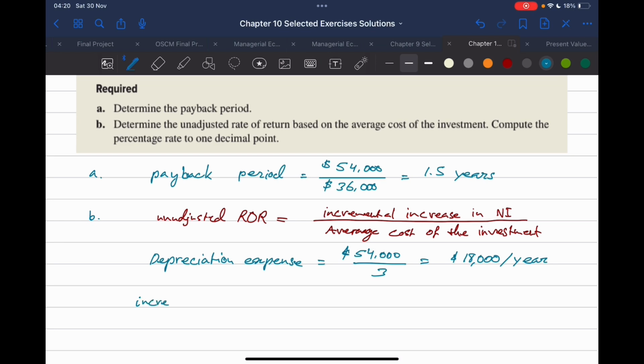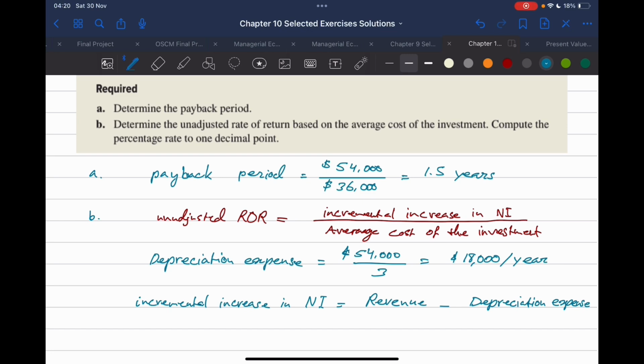So the incremental increase in net income is going to equal the revenue that is going to be generated by this particular investment minus the depreciation expense that is going to be caused by the investment.